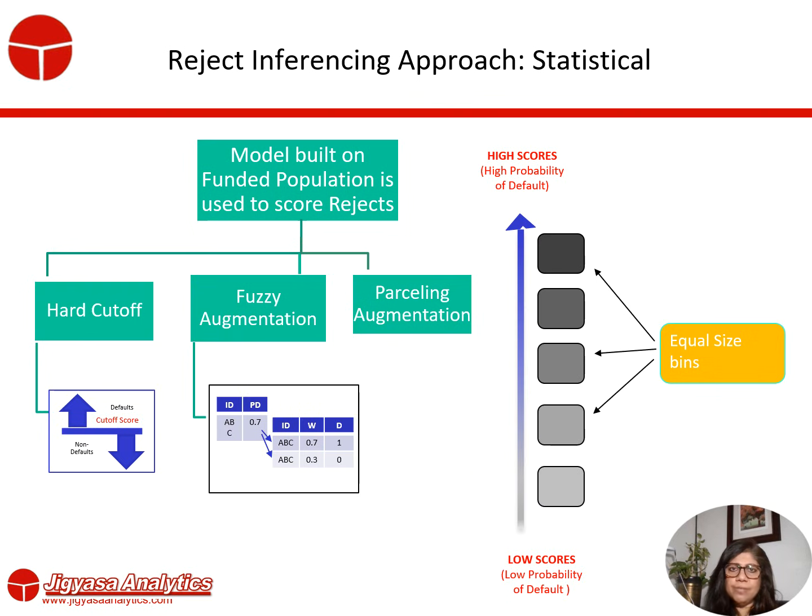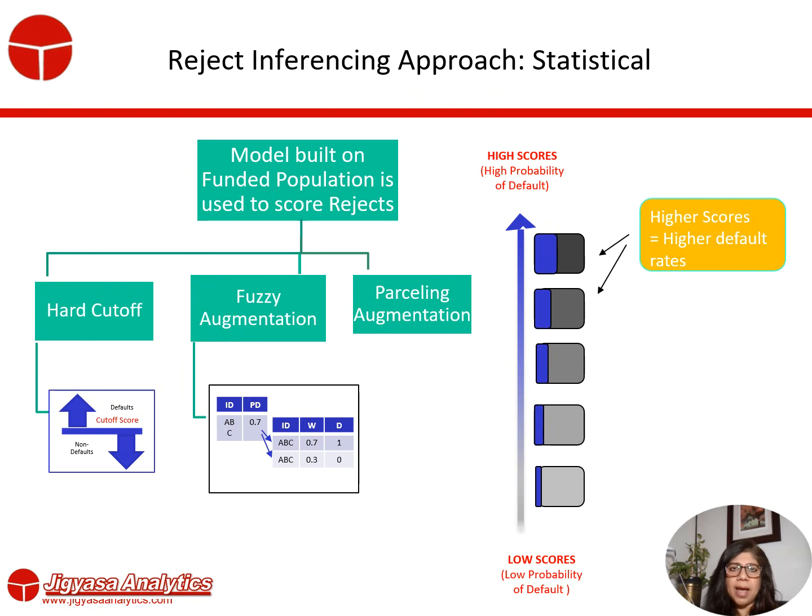We then assign a default rate to each bin. Higher score bins get higher default rates than lower score bins. We do this in a way that ensures that the overall default rate in the rejected population is higher than in the funded population. Finally, we randomly assign some observations in each bin as bad based on the default rate assumed for that bin.